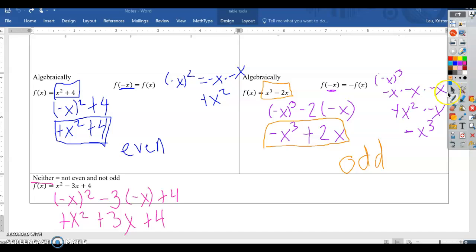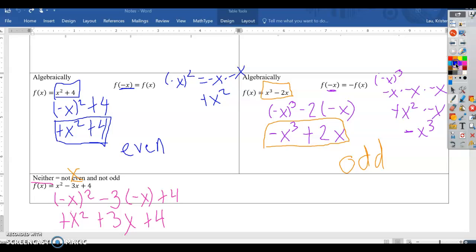Okay? So now let's look, is it even? Did all of these signs stay the same? Positive x squared, positive x squared. I'm good. But this says negative 3x. This says positive 3x. So it cannot be even because this sign and this sign are not the same thing. Now let's see if it is odd. Let me use a different color.